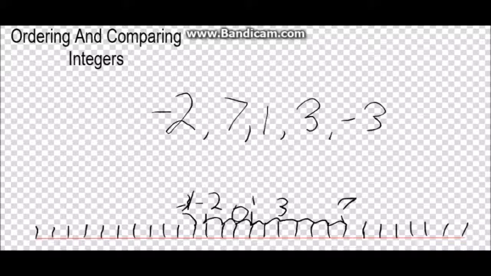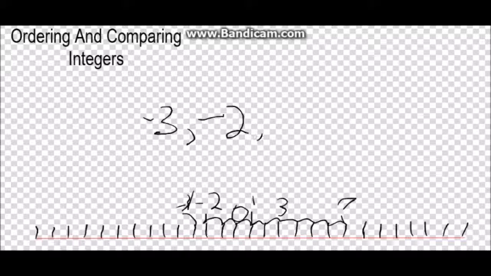It's kind of messy. Alright, so now to order these again, you can take the question like it's least to greatest. So we'd have -3 first, then -2, and by the way, we didn't put 0 in this one, so we don't put it in.